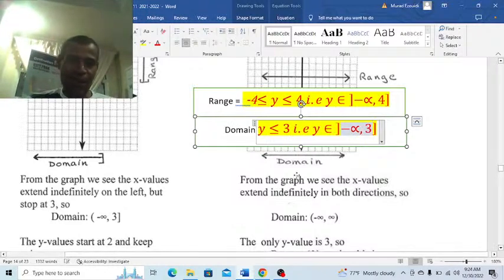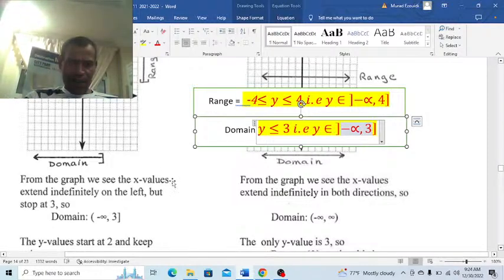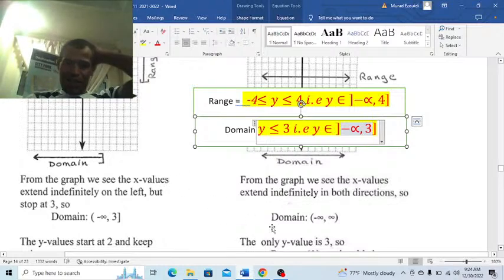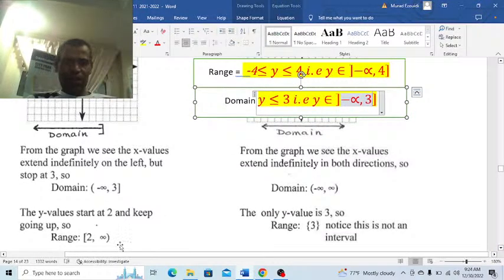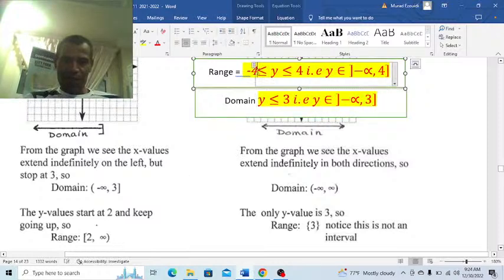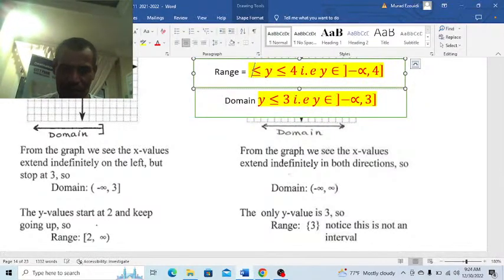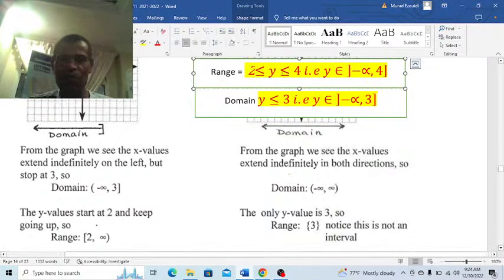Okay, then the range is from 2. So the y value in fact started at 2 and keeps going upwards. Therefore the range here is y is more than 2.